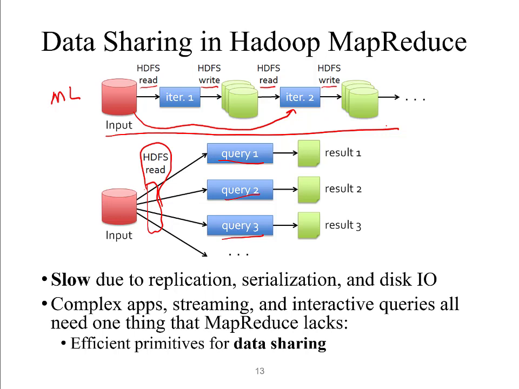Just remember, disk I/O is very slow compared with reading and writing with memory, right? And complex applications, streaming and interactive queries all need one thing that MapReduce does not have, which is the efficient primitives for data sharing.